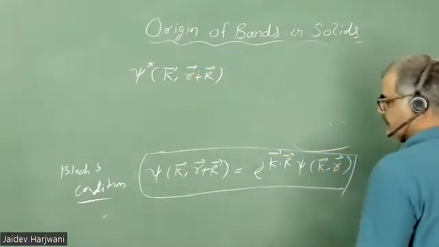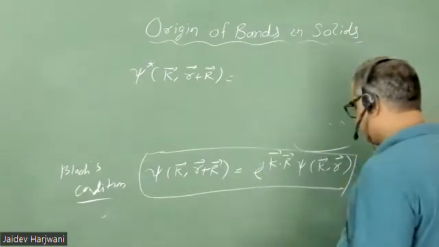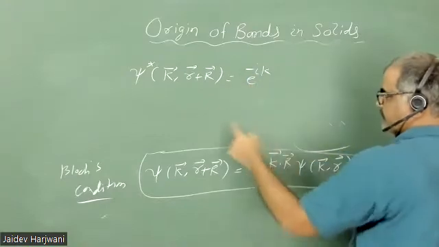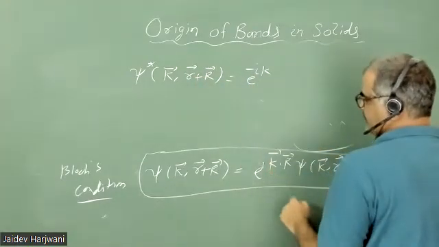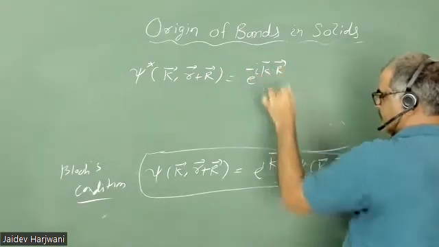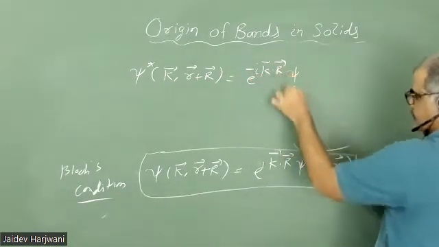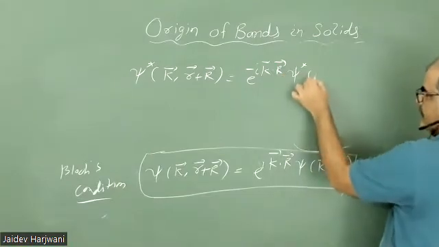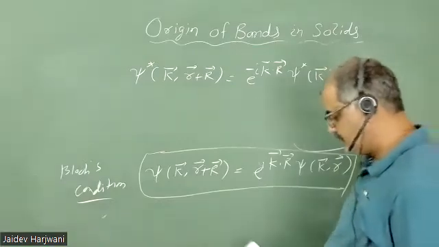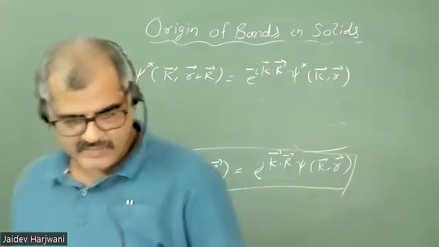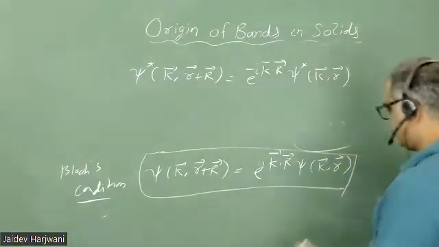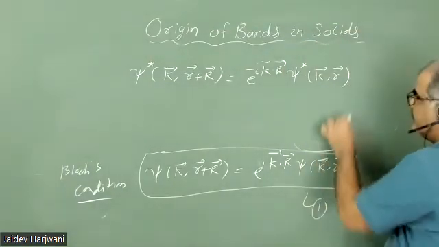This will give me e^(minus iota k dot R) times psi star_k(r). So this is the complex conjugate. You can say this is equation 1, or put any number.